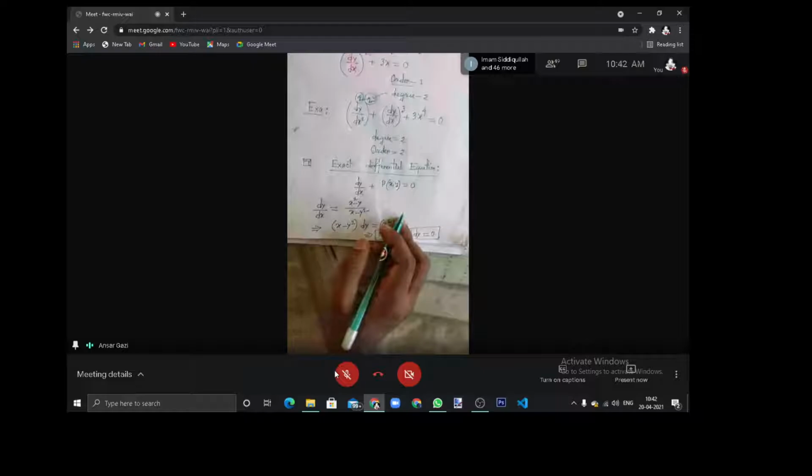So this is a first order first degree differential equation. This can be written in this form also: M dx plus N dy equal to 0. That means M is a function of x comma y and N is a function of x comma y.